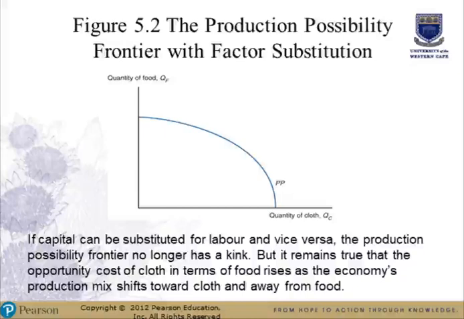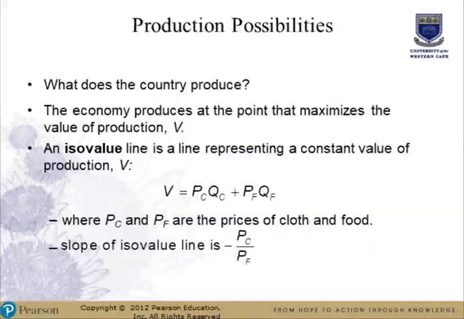As a result, the production possibility frontier will change from one with a kink to one that is curved or bowed outward, as shown in figure 5.2. The bowed-out shape reflects that the opportunity cost of cloth increases as producers make more cloth.